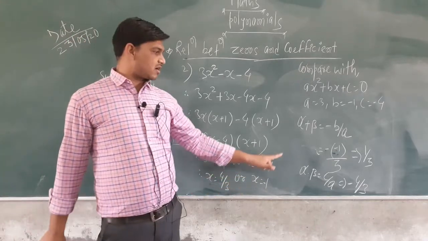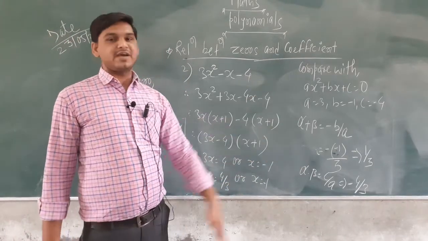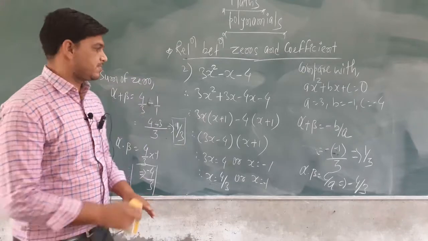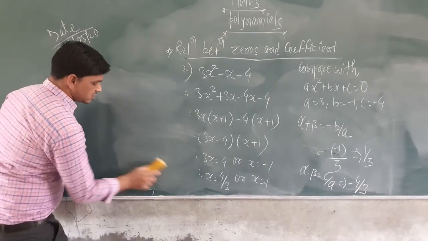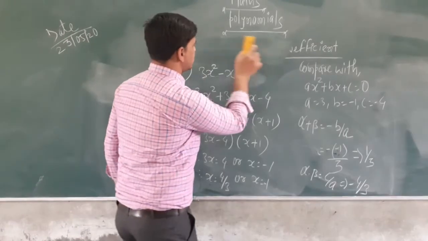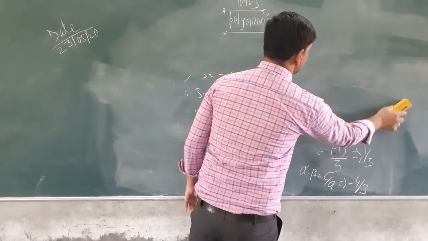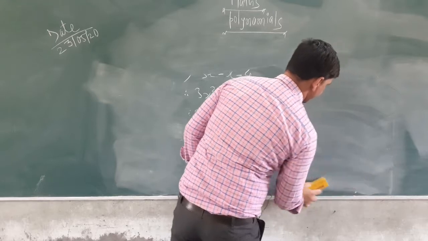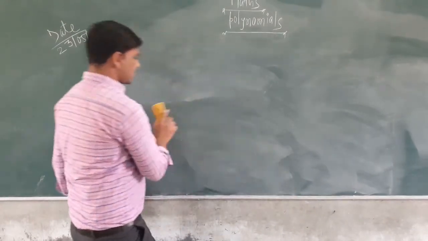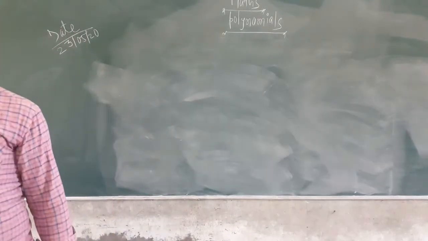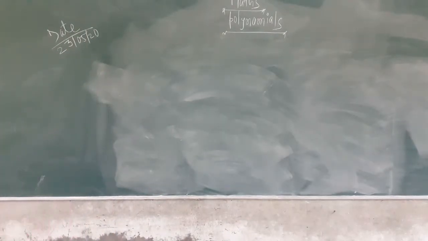According to that we have to find a quadratic equation. Simple. Chalo, that is also asked in 2 marks board examination questions. So if the sum of zeros and product of zeros is given, how can we find the quadratic equation? Let me take one example. We'll take 1 by 4 and minus 1.